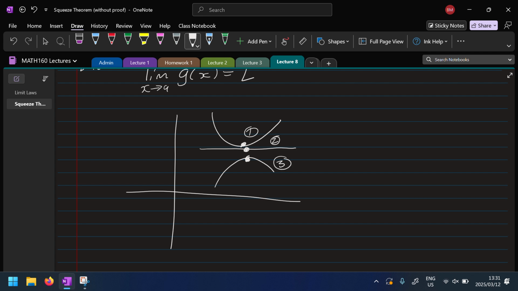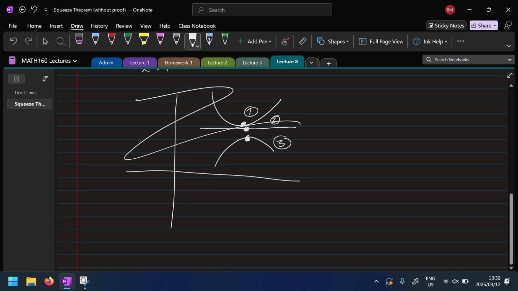If 1 and 3 get closer and closer until they touch, what can we say about 2? It's the same. If 1 and 3 get closer and closer until they touch, we always have the same order, 1, 2, and 3. 1 and 3 end up touching, 2's in the middle. They're all touching at the same point. They all have the same value. They all have the same limit value. Make sense?